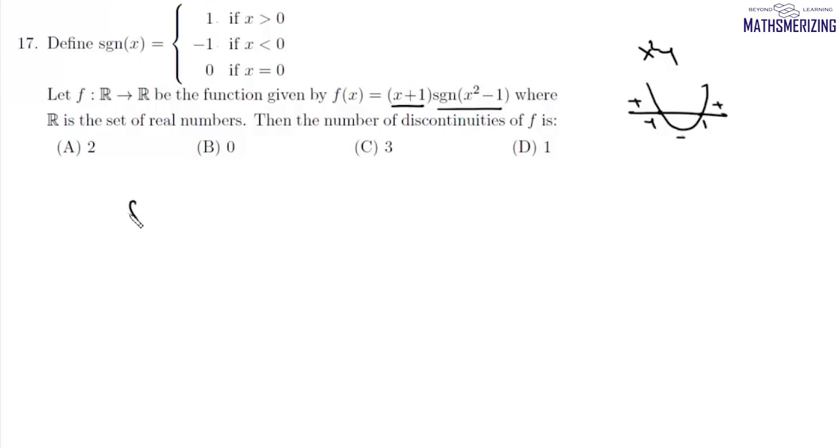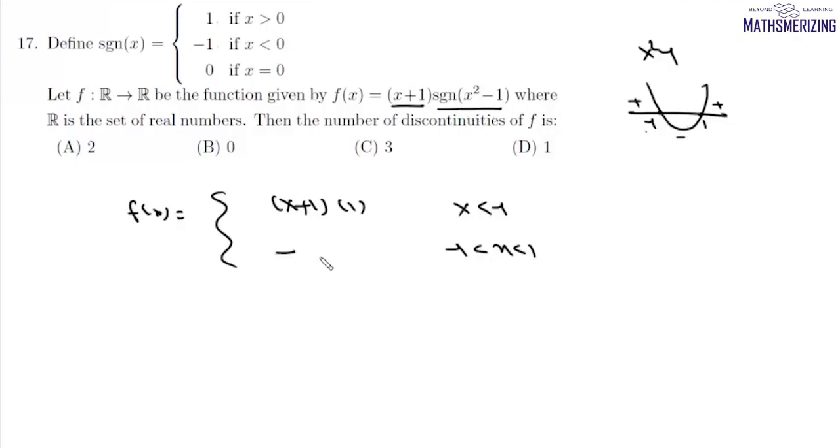So we can write this function f(x) as x plus 1. Now when x is less than minus 1, this value is positive, so we can write this as 1 when x is less than minus 1. Now between minus 1 and plus 1, the graph of the function lies below the x-axis, so this signum function will be minus 1.